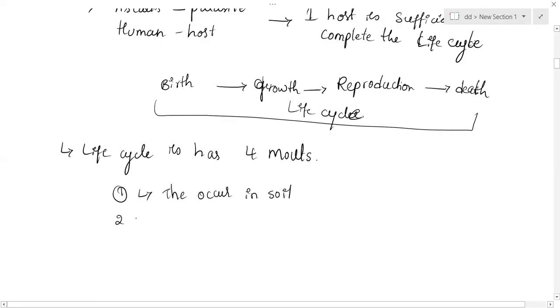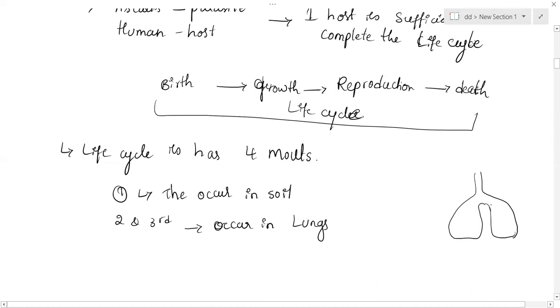The second and third occur in the lungs, in the alveoli. You know the lungs, right? This is the respiratory system, and here there are alveoli. So they form in the alveoli.